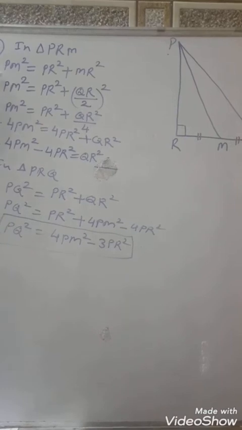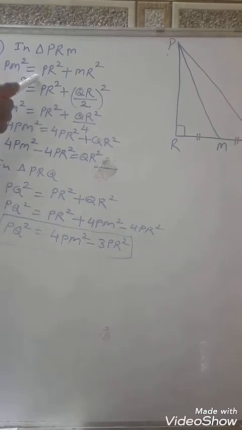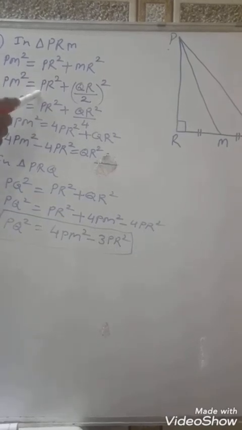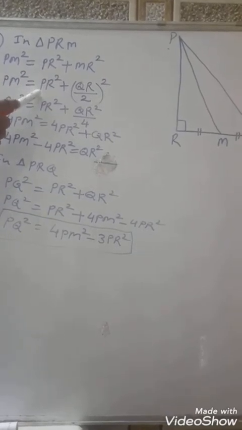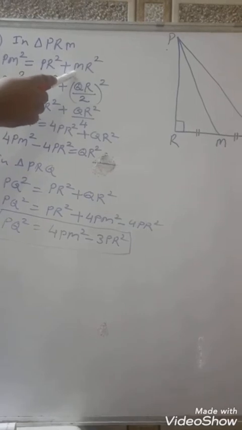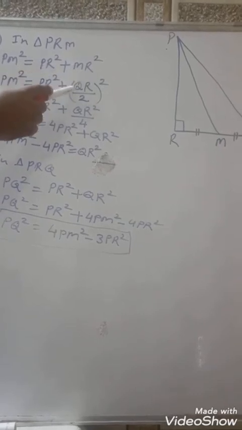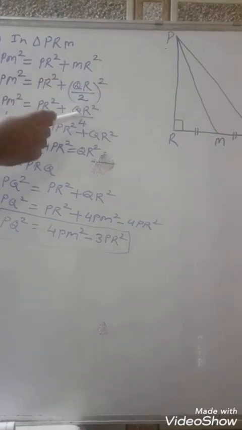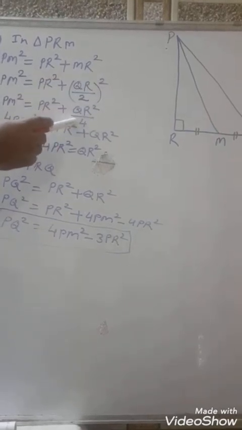So PM square equals PR square plus MR square. In place of MR we can write QR upon 2. So we make the square of this, so you get QR square upon 4.